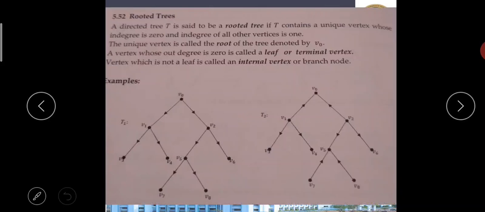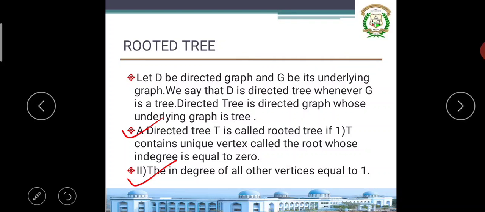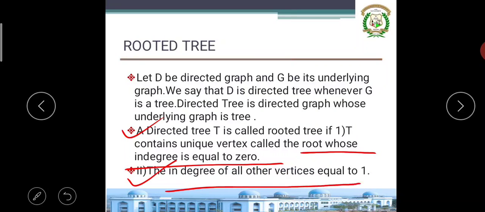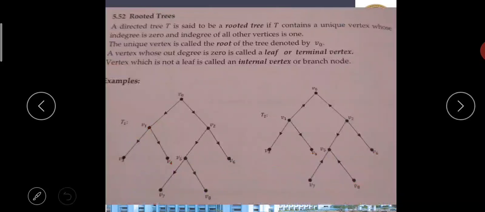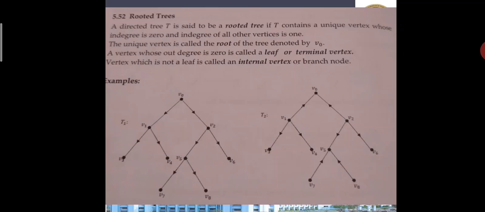If you observe this, the rooted tree definition is clear to you. That definition clearly says: first, a unique vertex called root, whose in degree must be equal to 0, and the in degree of all other vertices must be 1.